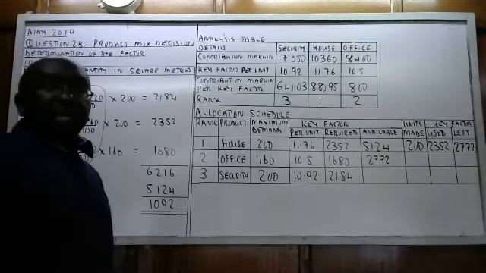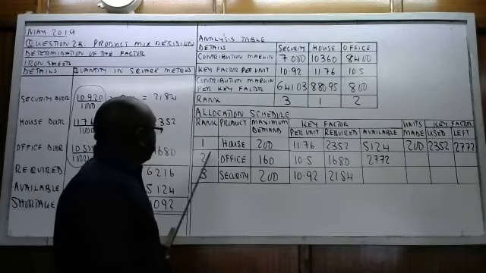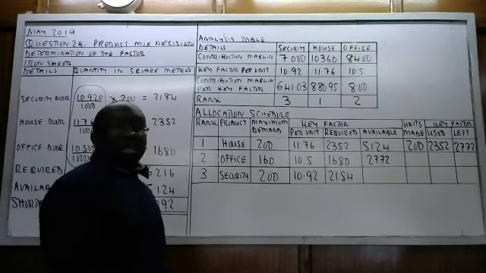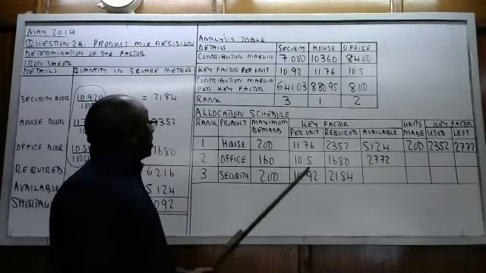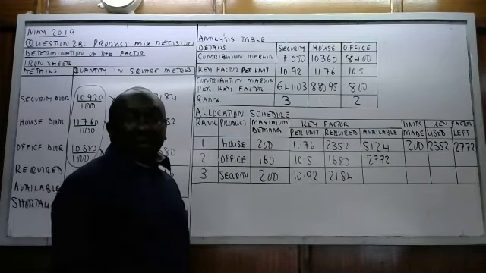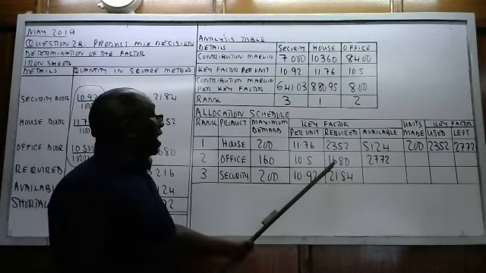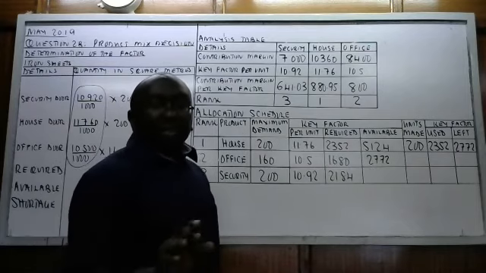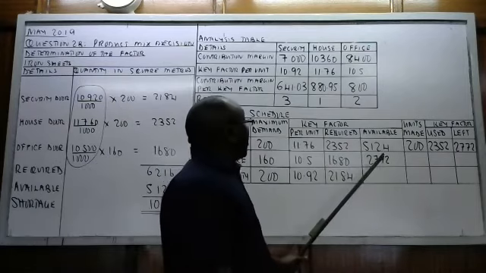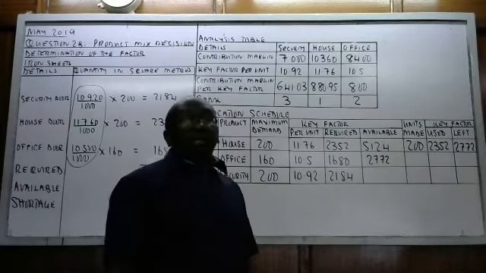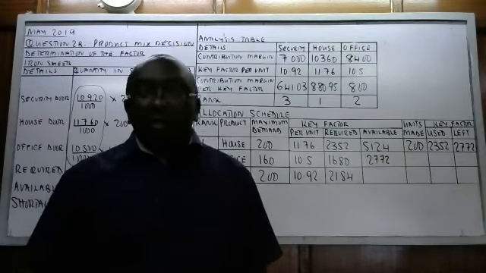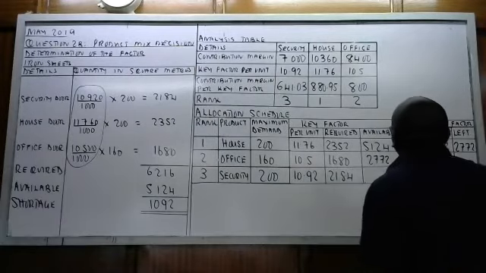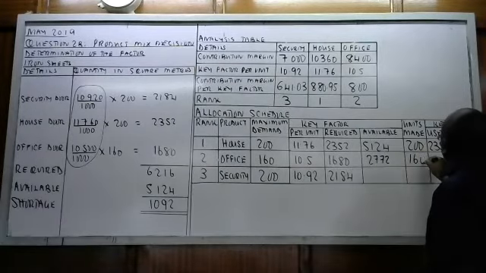And the argument begins again. Tunataka product number 2 now, called office. Na tunahitaji 160 units, each taking us 10.5 square meters. In total, that will require 1680 square meters. But with us, the available square meters are 2772. Can we afford? Good. So if yes, we make all the 160.